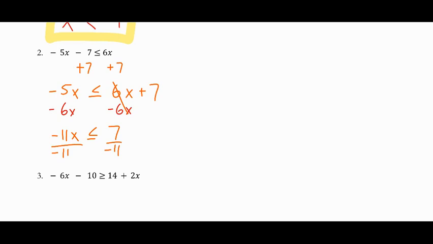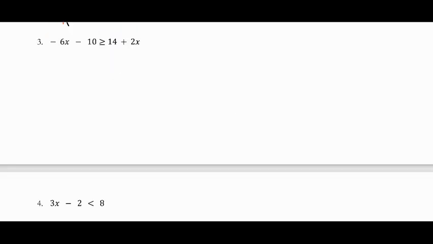So this will cancel each other out, and we're left with x is greater than or equal to negative 7 over 11. Notice that the symbol here switched because we divided by a negative number.